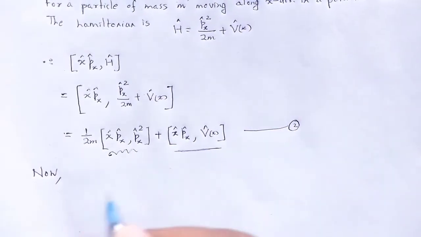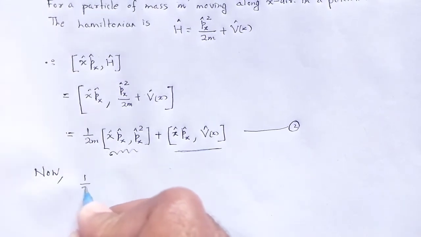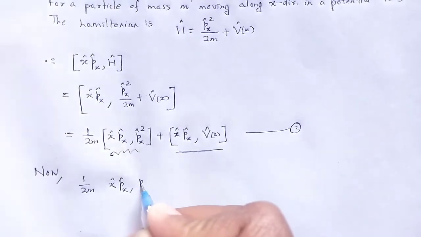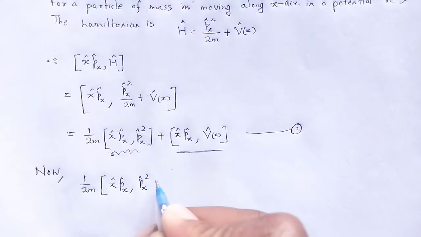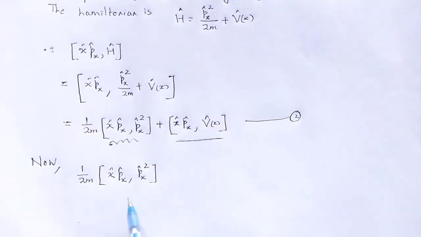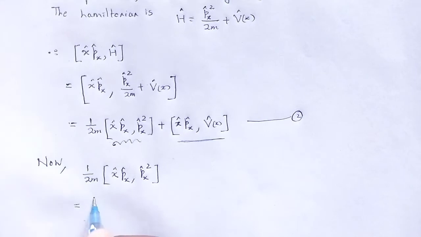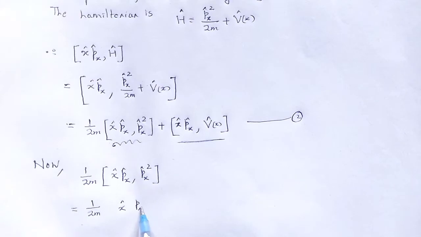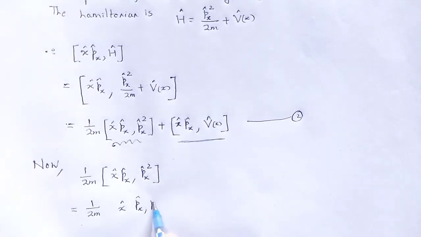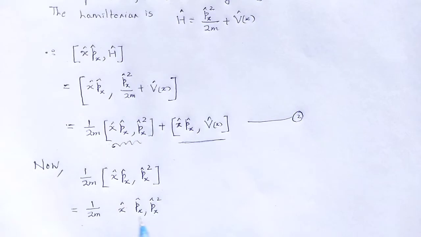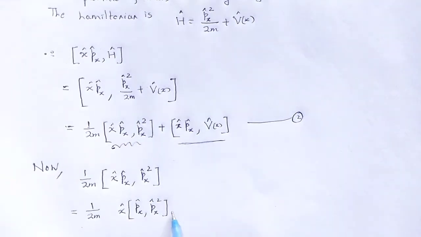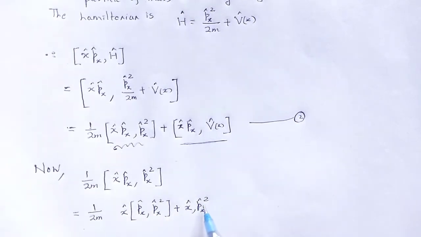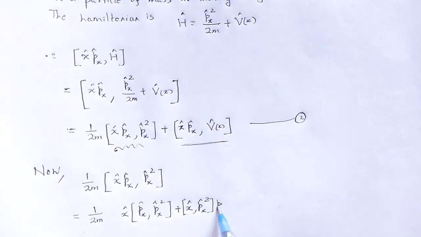Now 1 by 2m times the commutation relation of x cap px cap with px cap square is equal to 1 by 2m, that is x cap px cap square plus x cap px cap square px cap minus the reversed order.